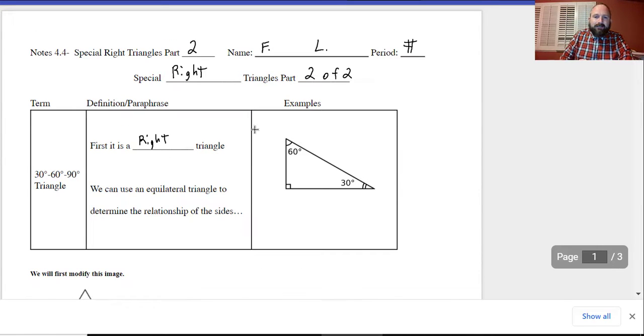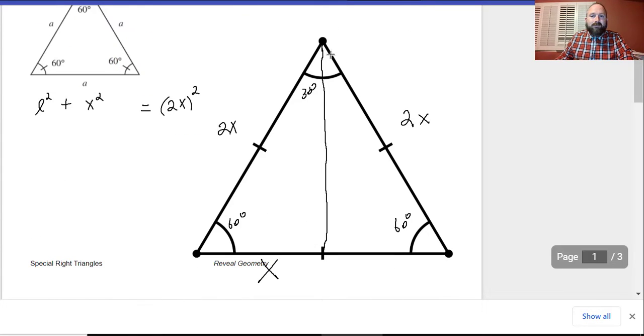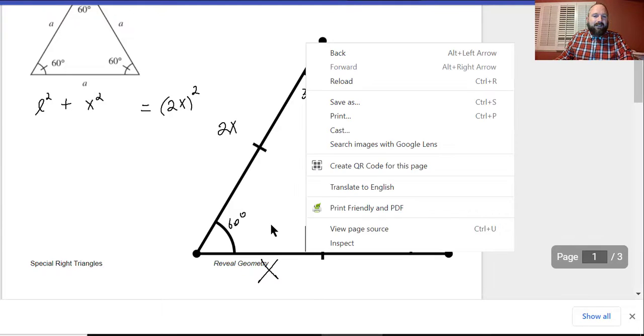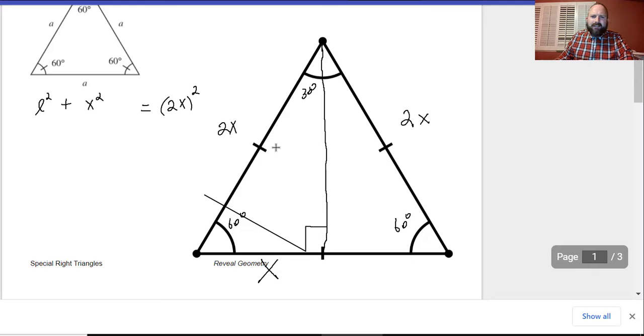Oh yeah, I forgot to mention, this is a 90-degree angle, and that does create a little problem right here, saying this is the hypotenuse. Alright, so let's go on.